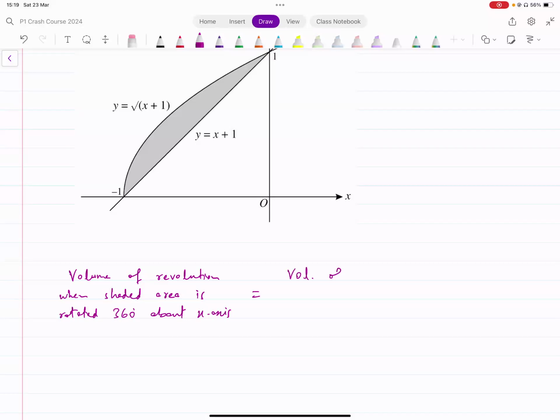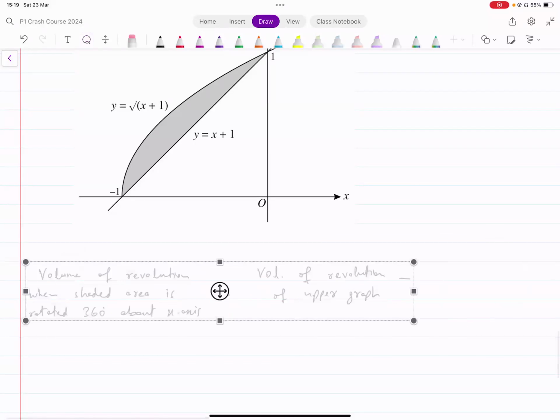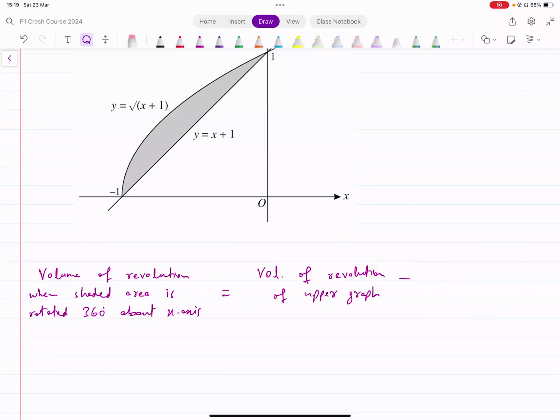All you have to do is find the volume of revolution of the upper graph, just like you used to do for the area. You would find the volume of revolution of the upper graph, subtract from that the volume of revolution of the lower graph.